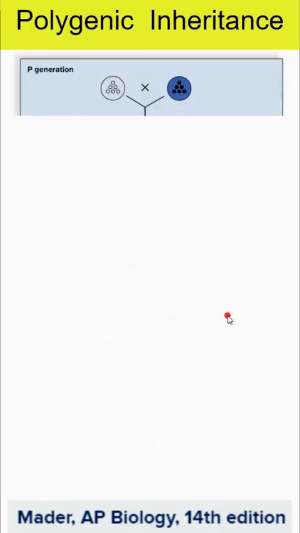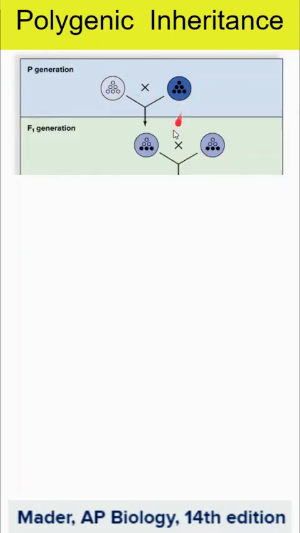Other examples of non-Mendelian inheritance include polygenics, traits that are not just influenced by one gene. So again, you could still have this P generation where you have all recessive and all dominant and get an F1 generation that would have a combination of dominant and recessive, but because there are so many genes tying into this, it's not just one or the other.